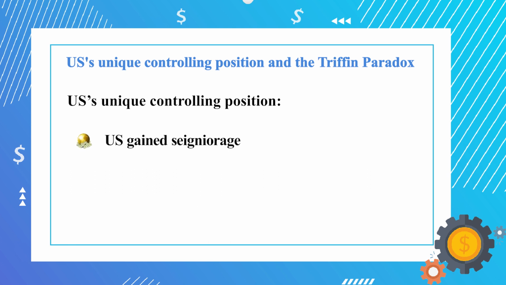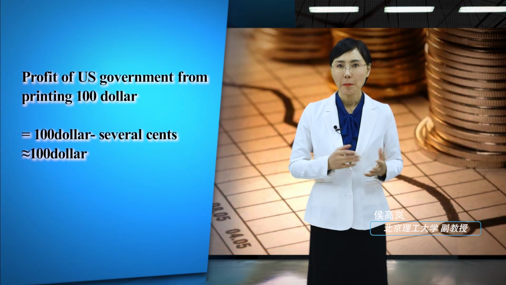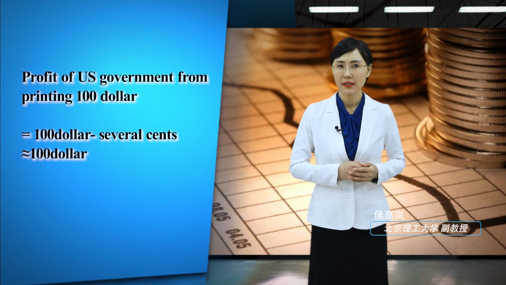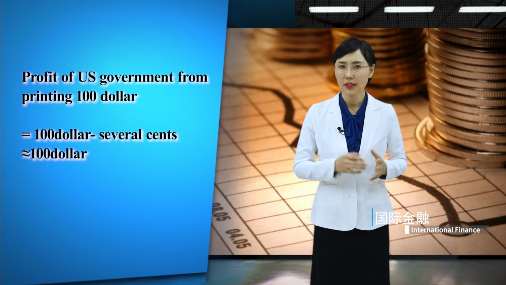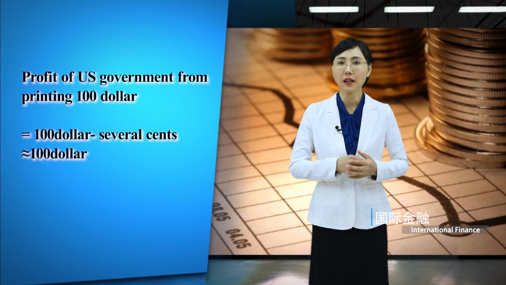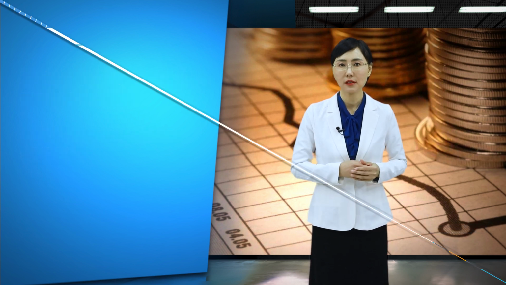This is called income of seigniorage. For instance, by printing a banknote of $100, the seigniorage income is the difference between the nominal value of $100 and the cost of printing it, which is about several cents.